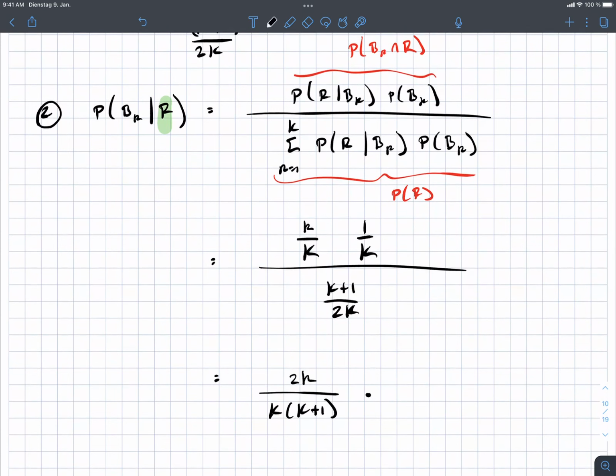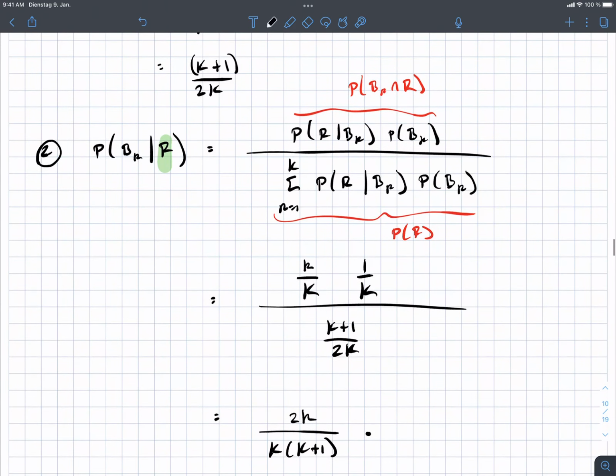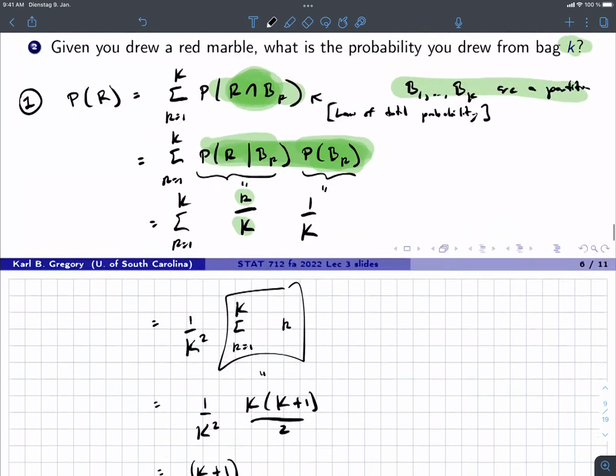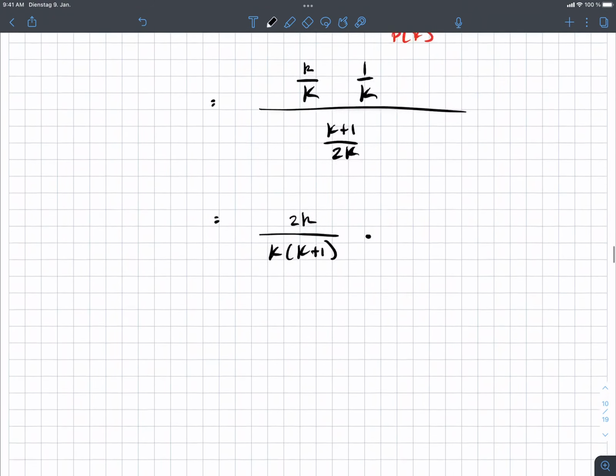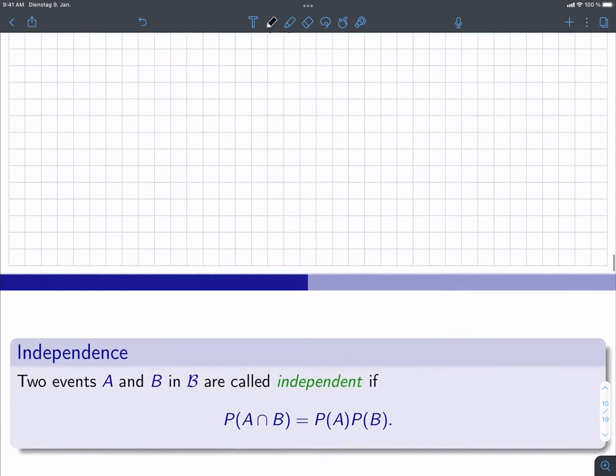Okay, good. So that's just kind of a silly example of how we can use Bayes' rule.